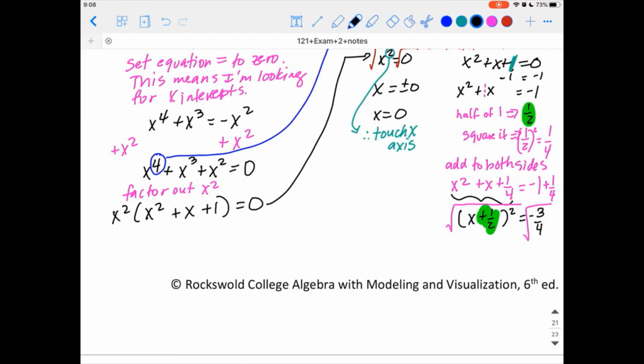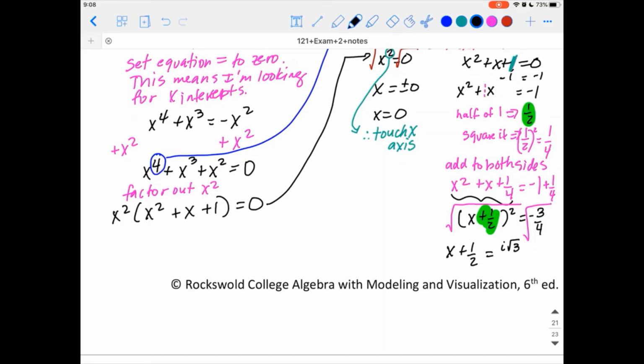On the left-hand side, I'm left with x plus 1/2. On the right-hand side, I'm left with the square root of negative 3/4. We cannot take the square root of a negative, so technically the square root of negative 3 becomes i square root of 3, because it's negative 1 times 3 and the square root of negative 1 is i.